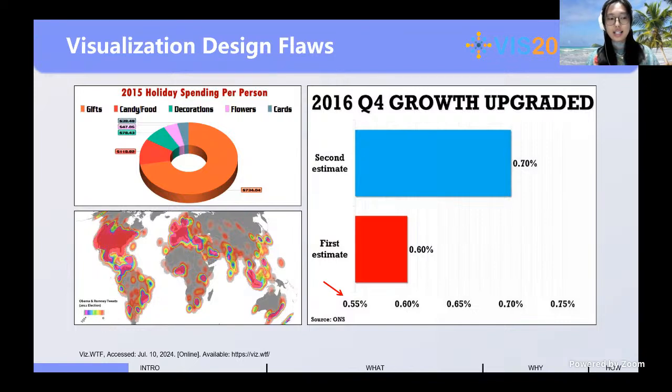While the truncated axis, you can see the x-axis doesn't start at 0, misrepresents proportions as seen in the bar chart comparing red and blue columns. These are common examples when we mention flawed visualizations.